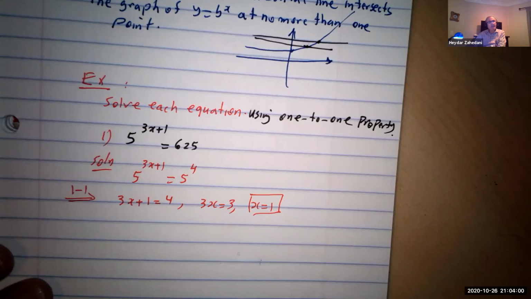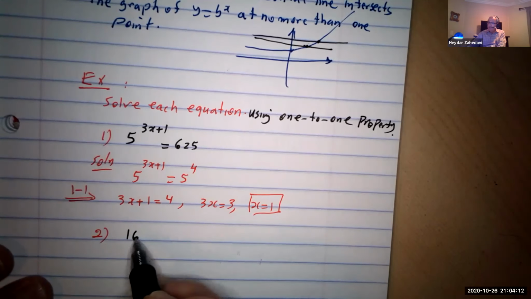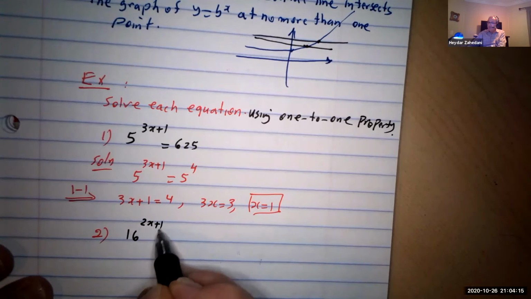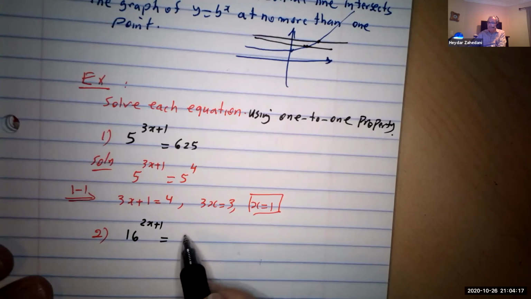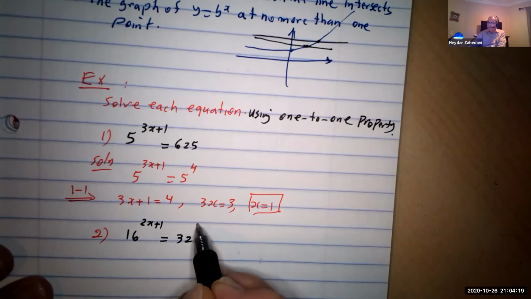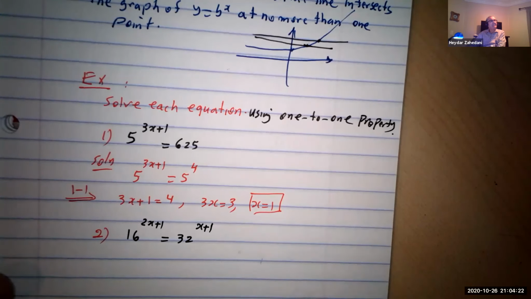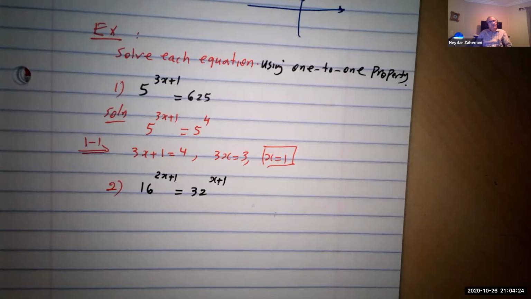Ready for the second one? The second type is 16 to the 2x plus 1 is equal to 32 to the x plus 1. Again, you have to think about it. You have to have the same base. So try to write 16 and 32 in exponential form.